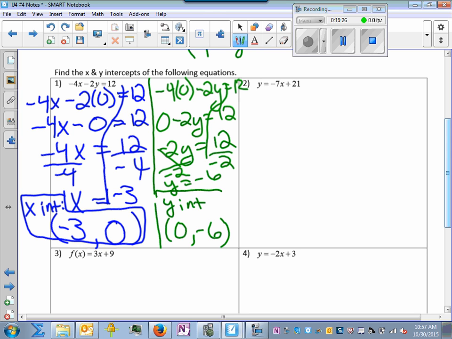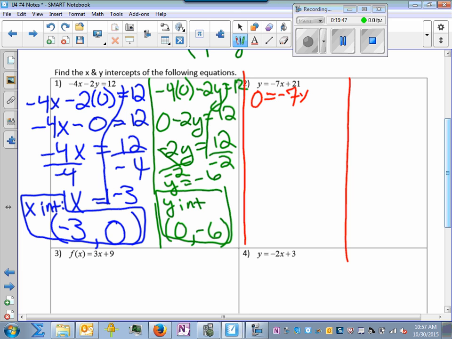You never have to actually write out intercept. INT is okay. All right? So now over here, we're going to see something. I'm going to show you a way to do it faster. So I'm going to plug in y as 0. So 0 equals negative 7x plus 21.